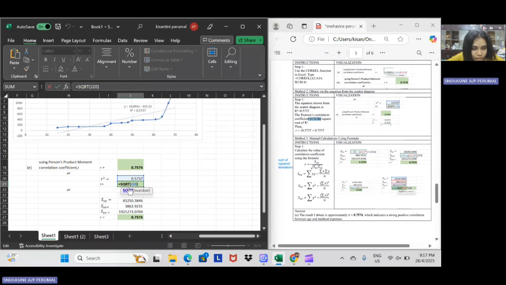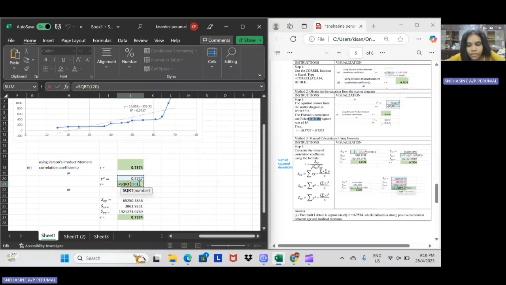You have to type the square root, taking the value from this.